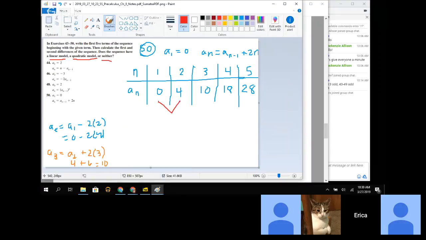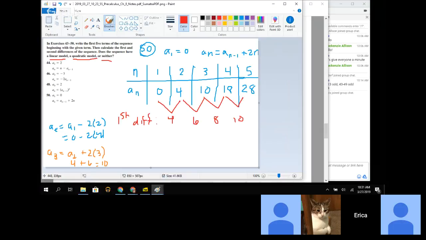What is the difference between 4 and 0? It's 4, right? What is the difference between 10 and 4? It's 6. What is the difference between 18 and 10? It's 8. What is the difference between 28 and 18? It's 10. So we call this the first difference, okay?